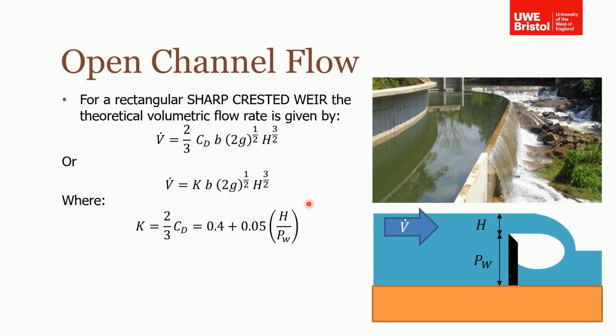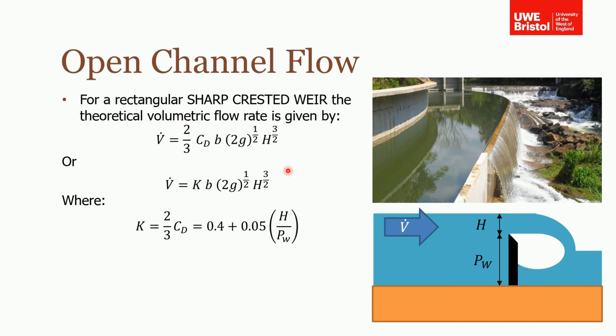Now, for a sharp crested weir, the flow's slightly different. Unlike the broad crested one, you can see that there is some flow separation. As the water goes over the weir, it doesn't just come straight down the other side. You can see more pours over, and you have this air gap in the middle.